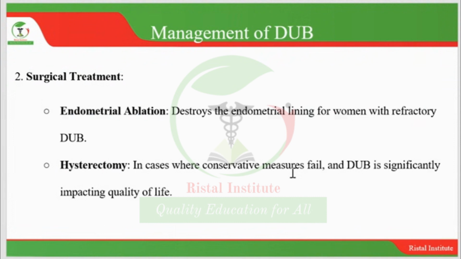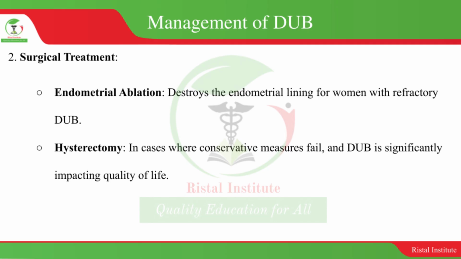Surgical treatment, this can include endometrial ablation, which destroys the endometrial lining for women with refractory DUB. Then hysterectomy, in cases where conservative measures have failed and DUB is significantly impacting quality of life.